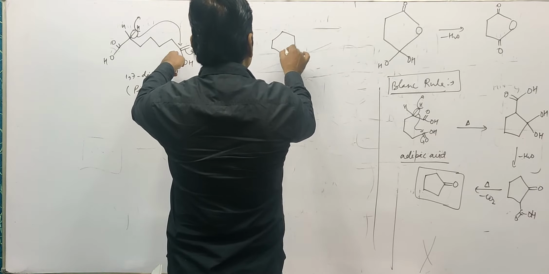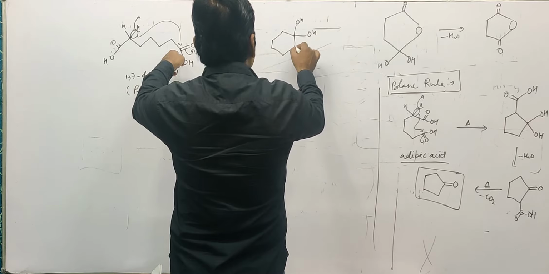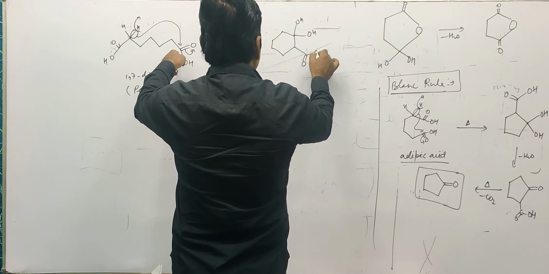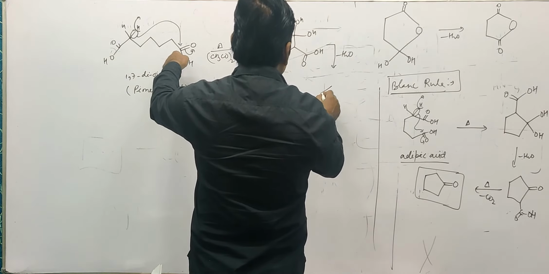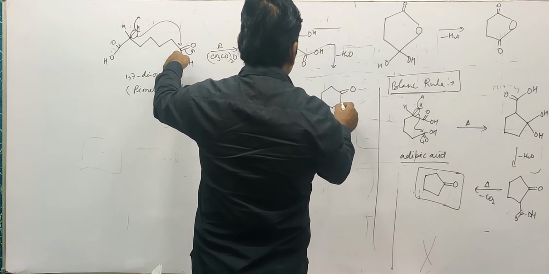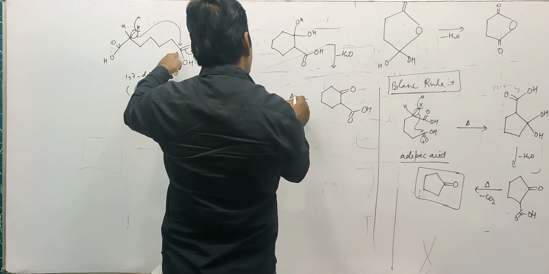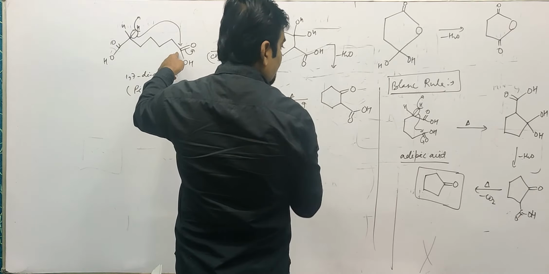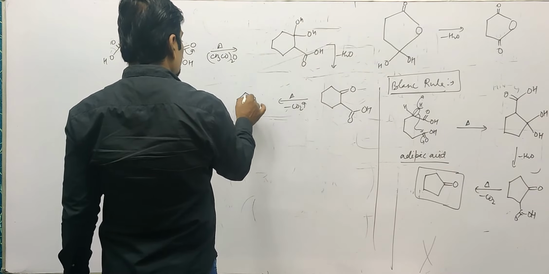Now see, there is COH, OH, and at the adjacent position there is COH. So this again undergoes the loss of a water molecule, becoming a 6-membered cyclic ketone. At this place there is C double bond O. Upon heating, it loses carbon dioxide and forms the corresponding cyclohexanone.